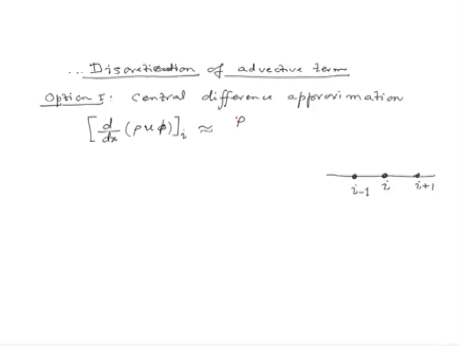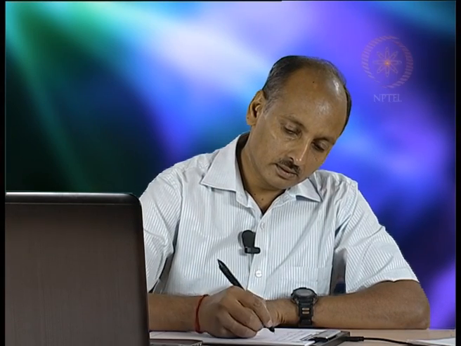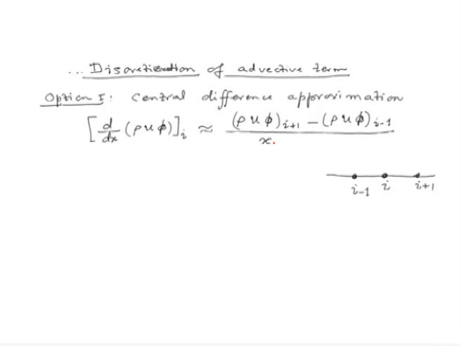So, this can be approximated as rho u phi at I plus 1 minus rho u phi at I minus 1, divided by the spacing between these 2 points, that is x of I plus 1 minus x I minus 1.